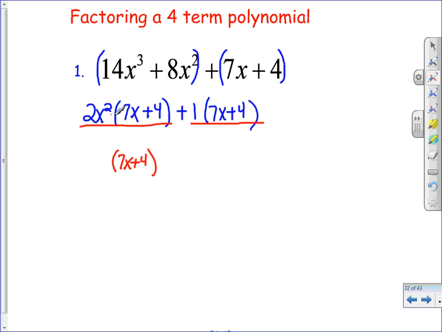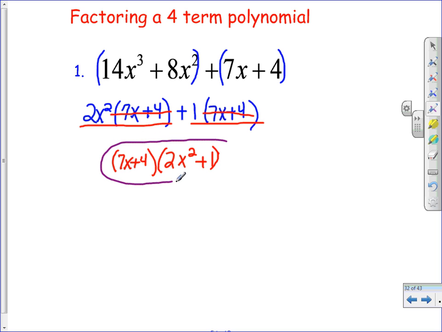If I divide 7x plus 4 and 7x plus 4, I'm left with 2x squared plus 1. Okay? So now I'm going to look at my first factor, 7x plus 4. I can't factor that any further. And 2x squared plus 1, I can't factor that any further. So those are my factors.